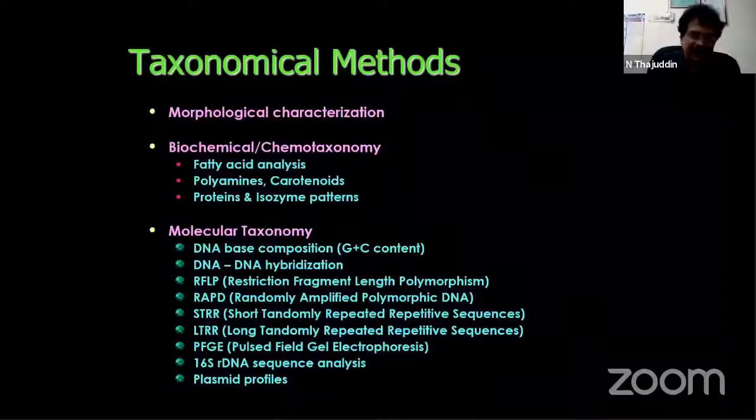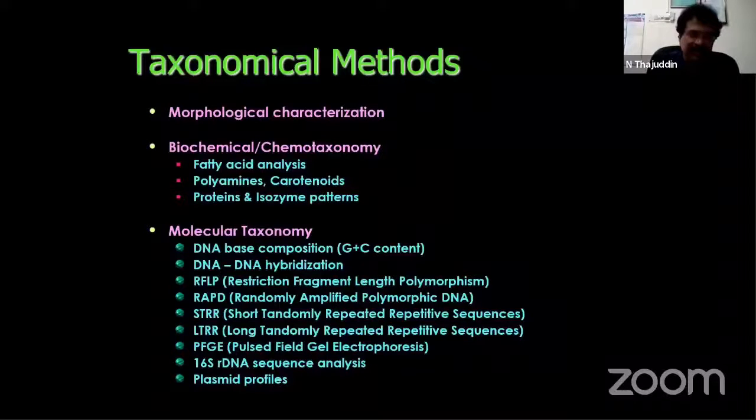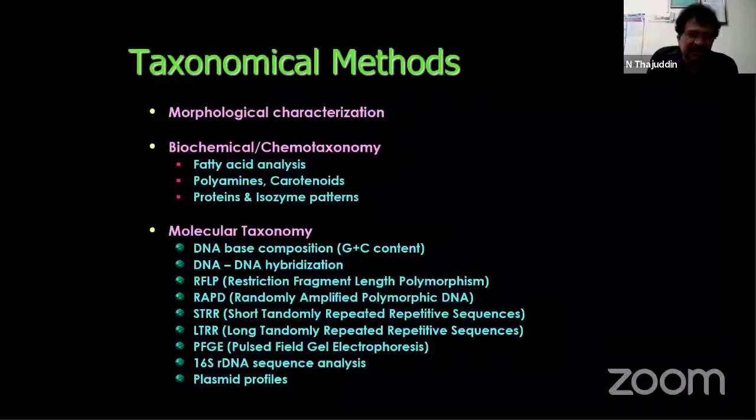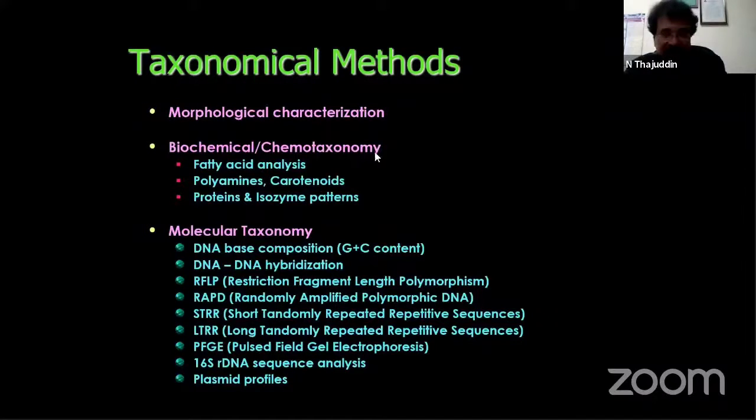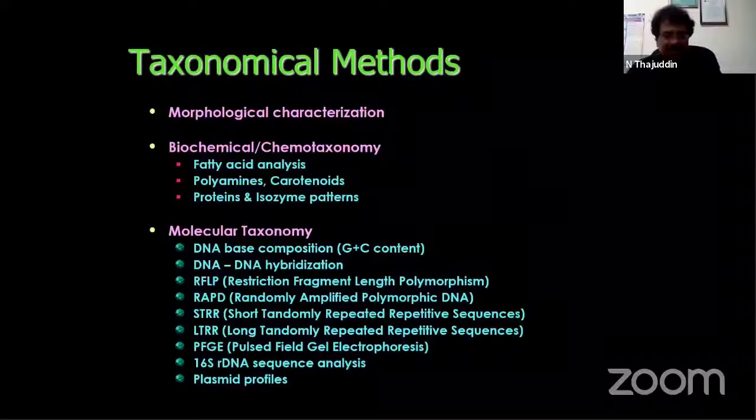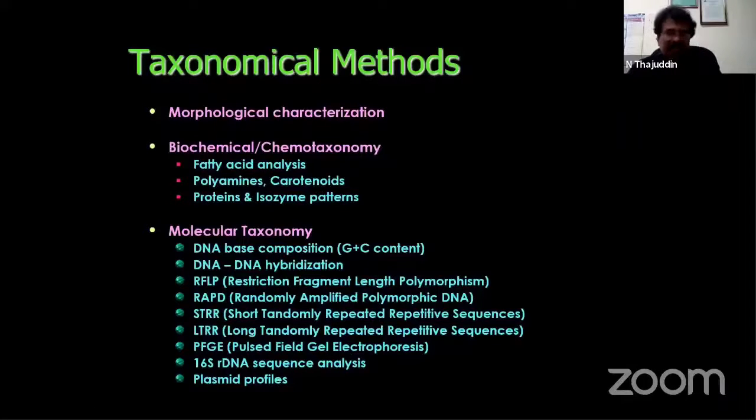For example, if you grow the algae and do chemotaxonomic work with some heat stress, if you give some heat to the organism, definitely the biochemistry will vary. It is not constant. It depends on the media composition and environmental condition. It varies. So we cannot say that these specific biochemical features are for true identification.